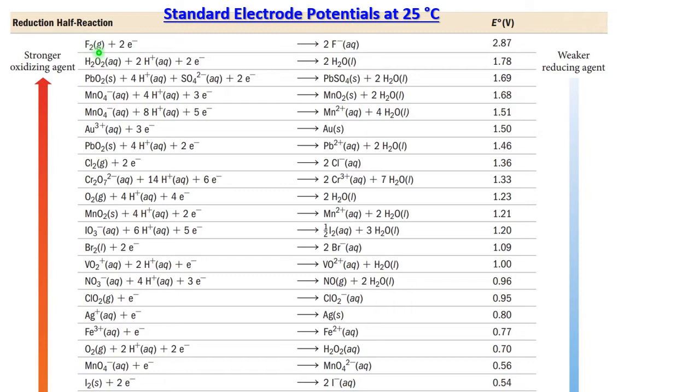The strongest oxidizing agent in this table is fluorine gas with 2.87, but it cannot exist in water. In aqueous solution, the strongest would be something like 1.7, 1.8.